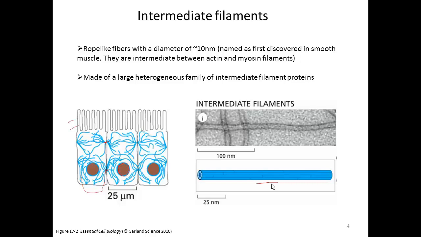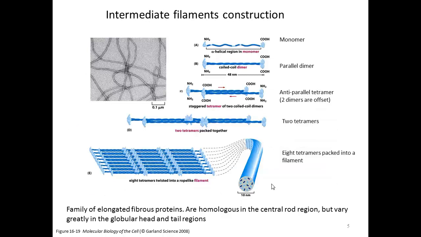Intermediate filaments are the strongest of all the cytoskeletal proteins. They have the highest tensile strength, and their function again is to resist mechanical stresses. The basic structure of intermediate filaments is that they form parallel dimers and then anti-parallel tetramers, so a pair of dimers, the amino end here, the amino end here. Finally, you get 8 tetramers together that get twisted into this rope-like element.